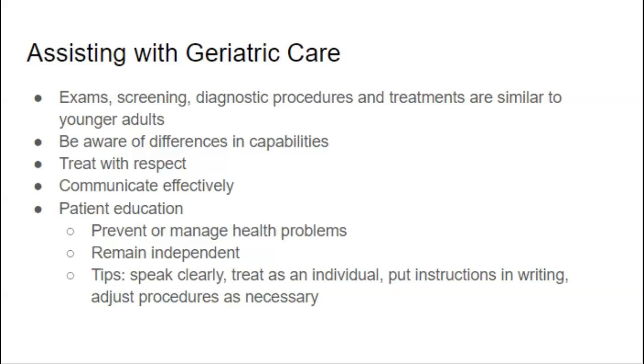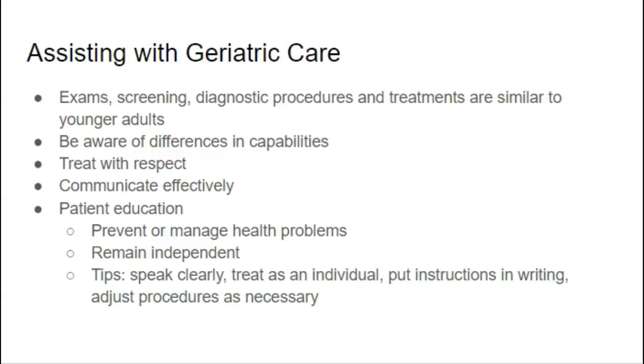And when we're looking at the patient education, you really want to try to, once again, promote the preventative health care to manage those health problems, try to catch them ahead of time. We want them to try to remain as independent as possible. If they can stay at home and be able to maintain their own household, and then providing help as needed from that point, okay? If you've got someone that has hearing issues, you want to speak in low, clear tones, not high-pitched tones.